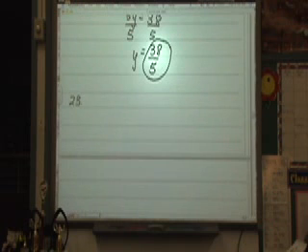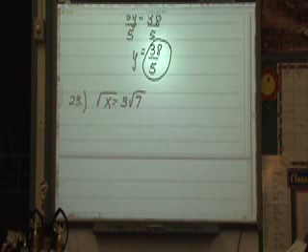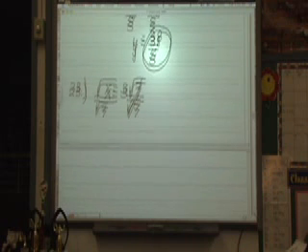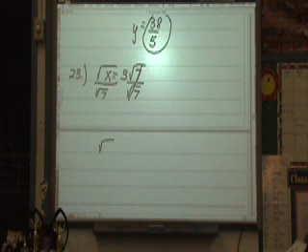23. The square root of x equals 3 radical 7. You need to get anything with the radicand on one side. So I'm going to divide both sides by the square root of 7. So I now have the square root of x over the square root of 7 equals 3.